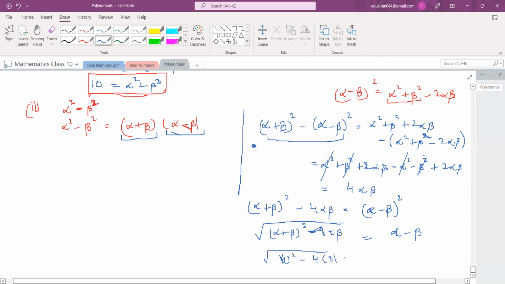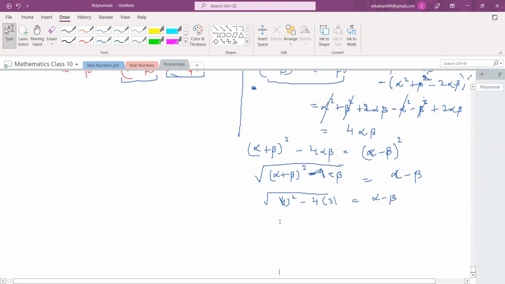Okay, so this will be equal to alpha minus beta. So this is square root of 16 minus 4 into 3 is 12. That is square root of 4, and this comes out 2. So 2 is equal to alpha minus beta.